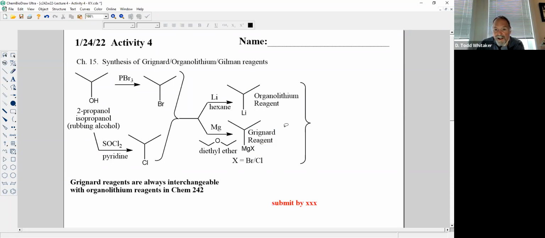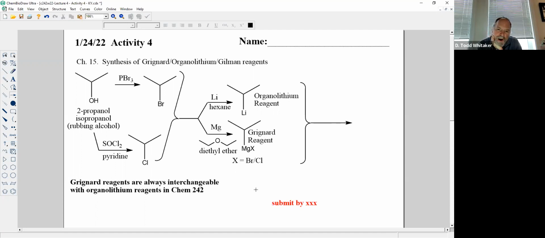They're the conjugate bases of alkanes. So that's the strongest base possible in this course. So you can't have protons in your solvent. You'd be making the reagent and destroying it immediately in an acid-base reaction. You'd be making propane, most expensive propane ever.